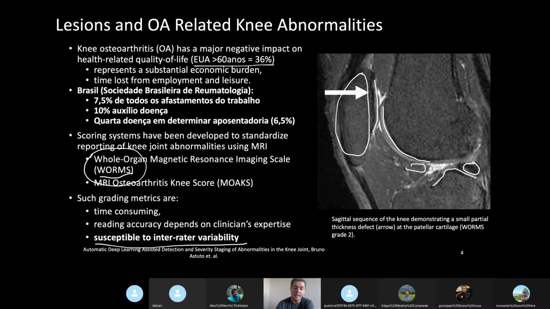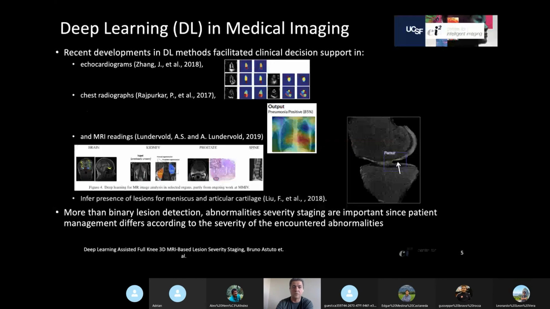And one of the goals of this project is to develop, since it's very time-consuming and you need experienced radiologists to grade and analyze these images, an automatic system that can aid in the grading of these images, which might also reduce the interpersonal variability when reading the MRI. So this is also one of the goals of the project.